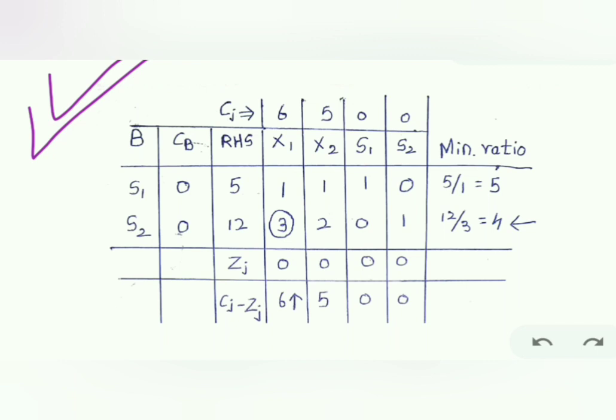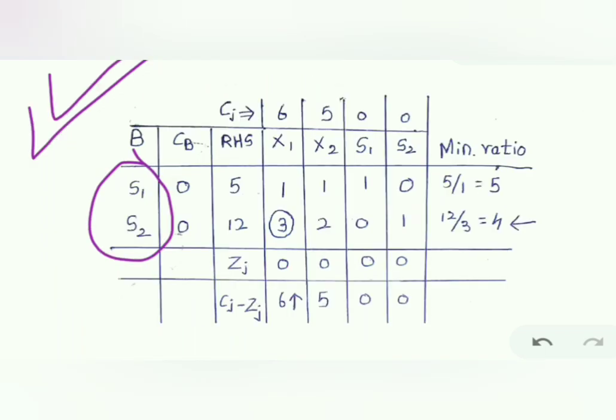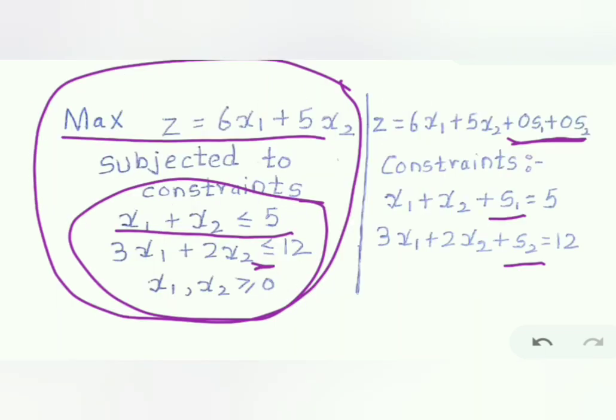So s1 and s2 you will first take into the solution, as the basic variables. What are the coefficients of s1 and s2? Obviously, as I showed you, it is 0. Write them. And what are the RHS values? 5 and 12.